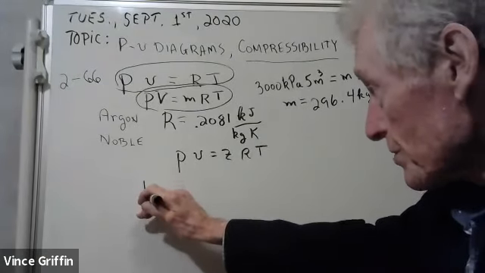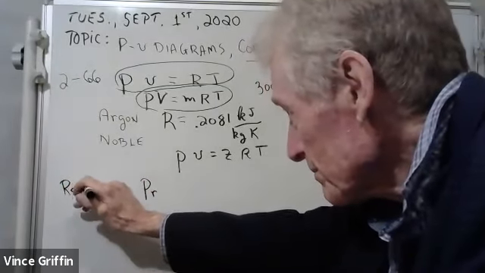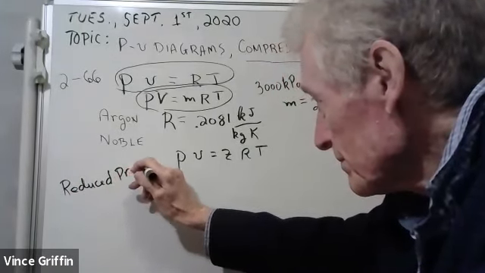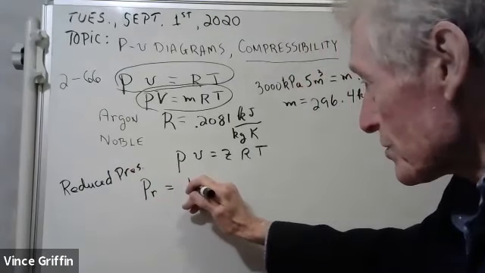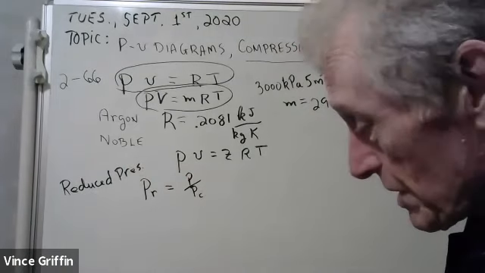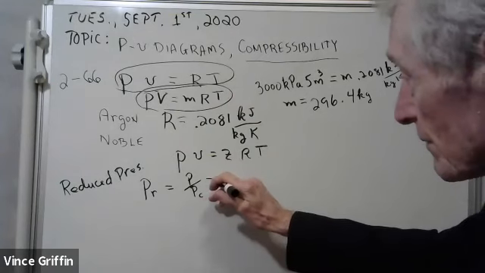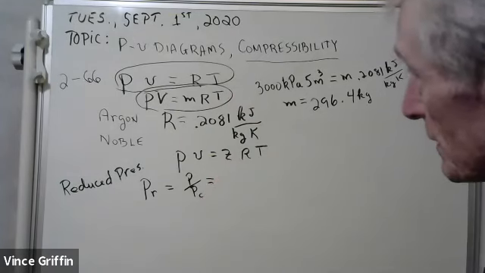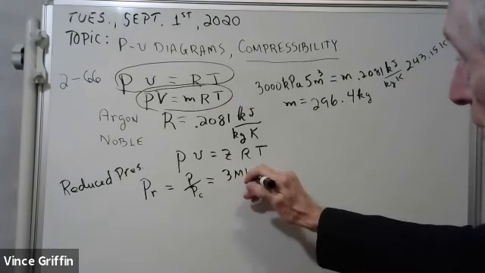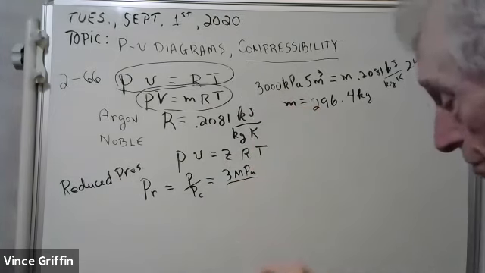To get it, you first have to find the reduced pressure, which is your pressure divided by your critical pressure. You know what critical pressure is. It's at the top of your vapor dome. The pressure in this problem was 3,000 kilopascals, but that's 3 megapascals.